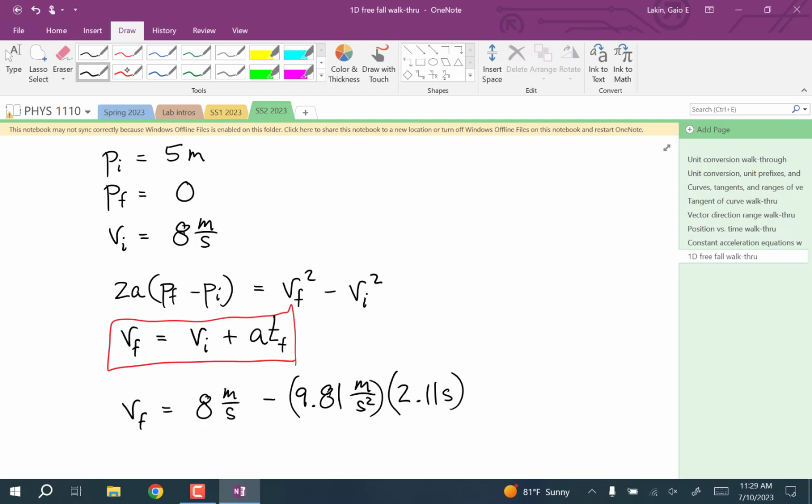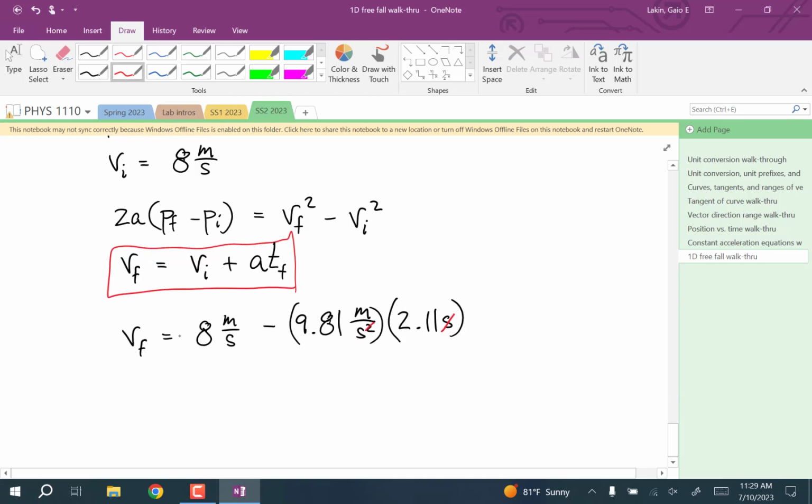So go through the algebra and calculate that V final. The way the units are going to work, this seconds is going to cancel one of those 2 seconds. So each of these terms is just going to be meters per second, which is the units we want for V final. So that's good.